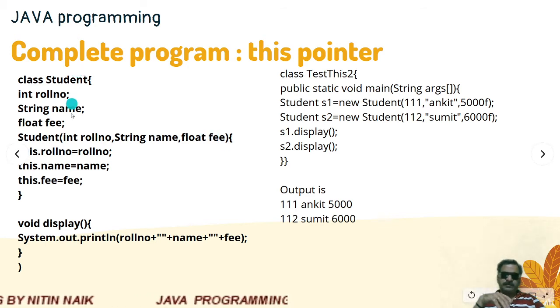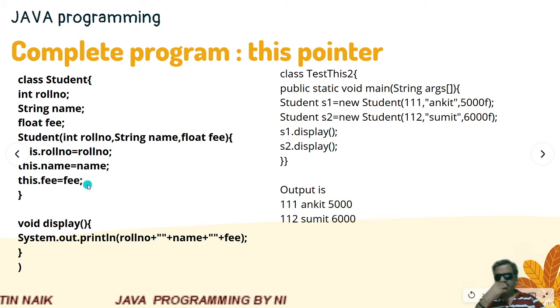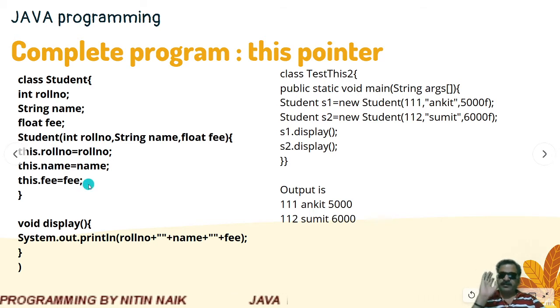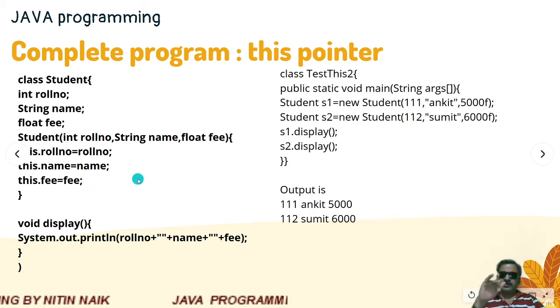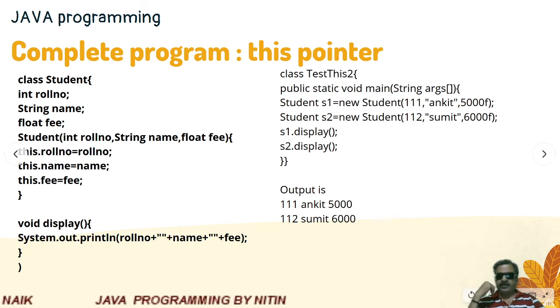As this constructor is executed with object s1, s1 dot roll number becomes 111, s1 dot name becomes Ankit, s1 dot fee becomes 5000. Okay, this constructor function will be executed and values are stored in appropriate memory locations.